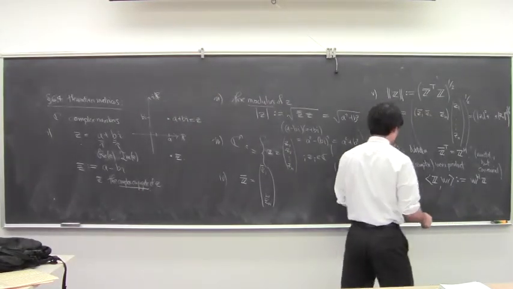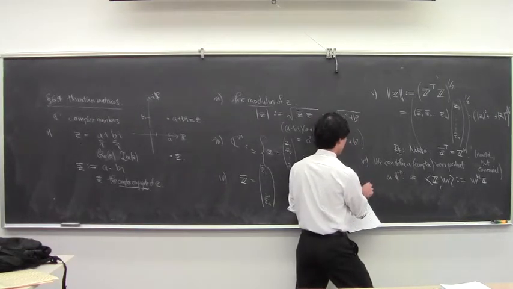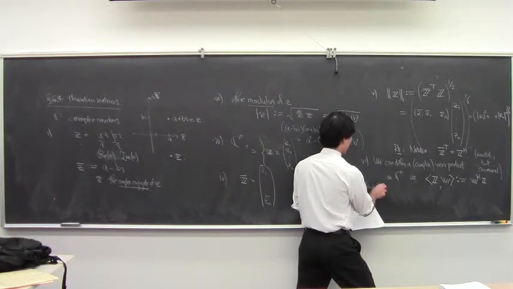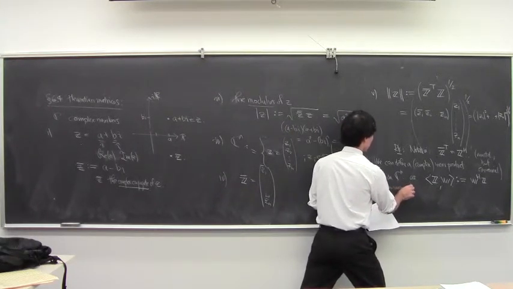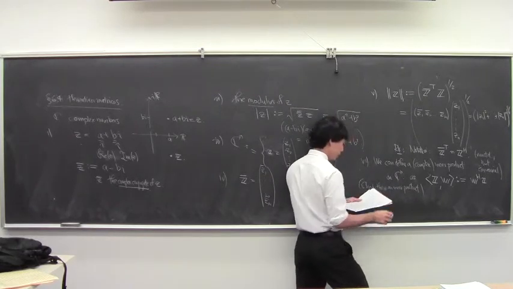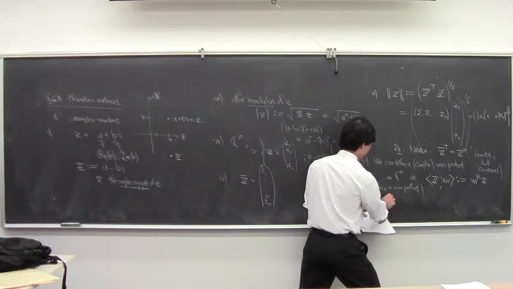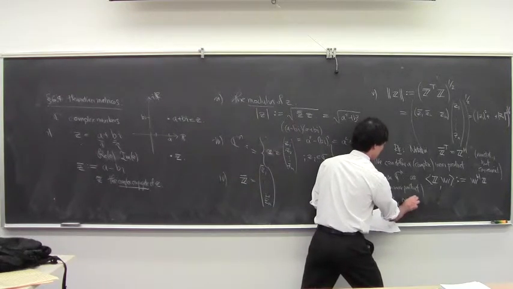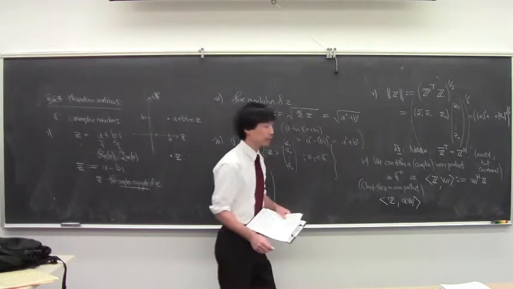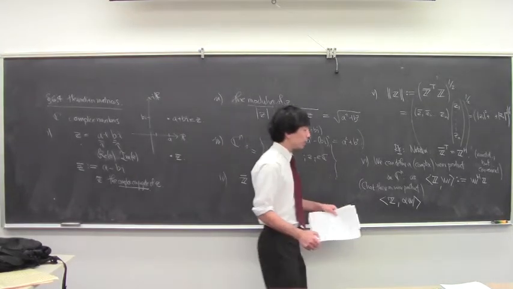Okay. So you do need to check that this is an inner product. And when you do, you'll notice something funny. What happens when you take a complex number, alpha, and you scale the second guy by it? Well, let's see.